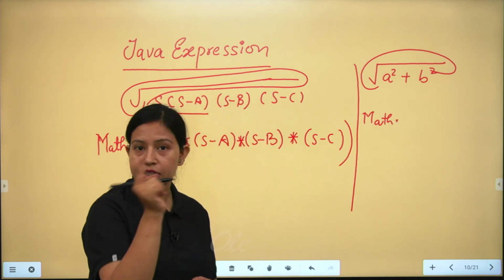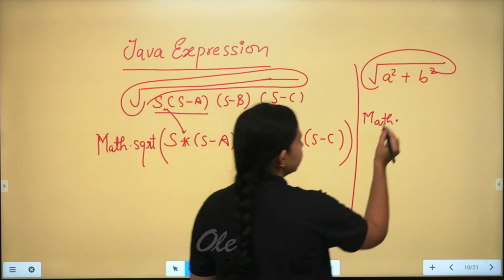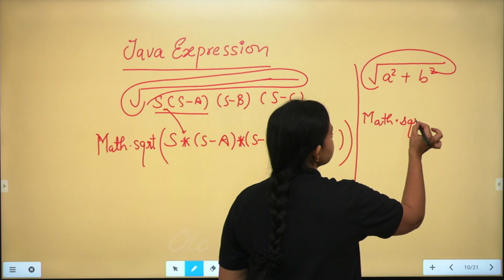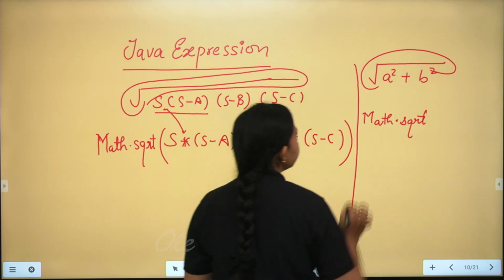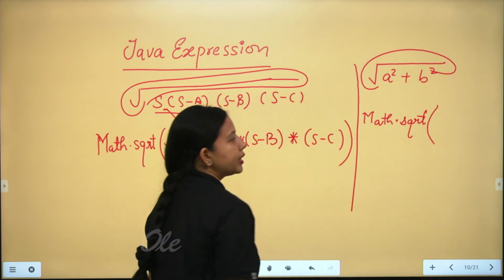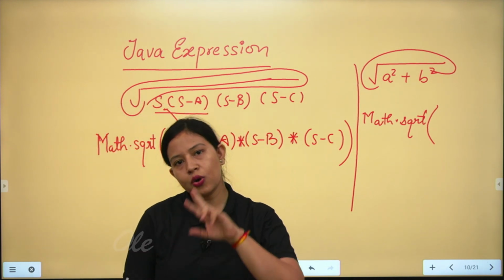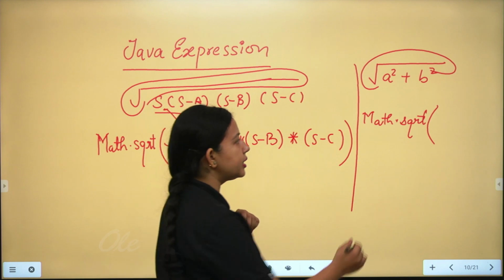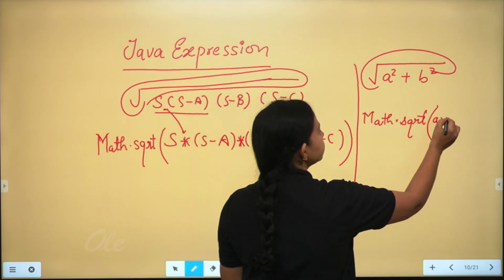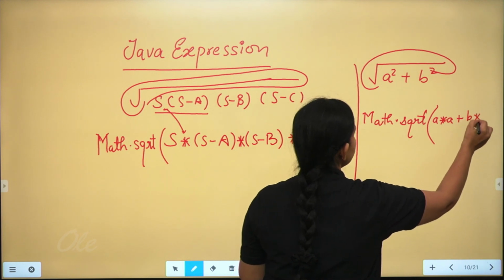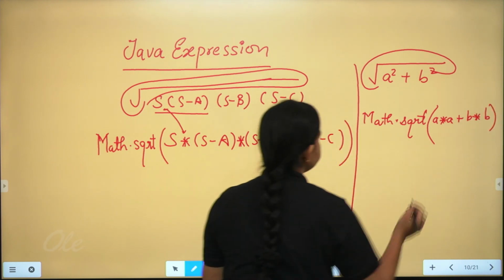Math is a class, that's why M is capital, and sqrt is a method, so s should be in small case. Inside that we can give the variable. So a square, how are we going to write it? You have two options. Either you can write a into a, or a asterisk a, plus b into b, or b asterisk b.